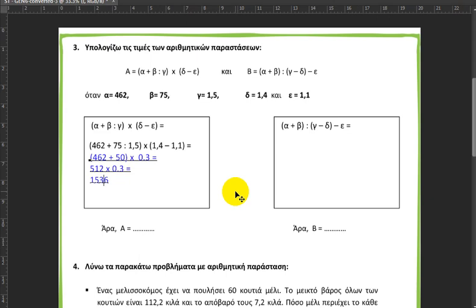But we're going to have a decimal point here. So 153.6. All right. Next up here, let's go.